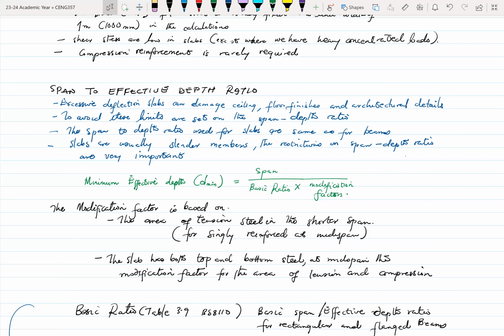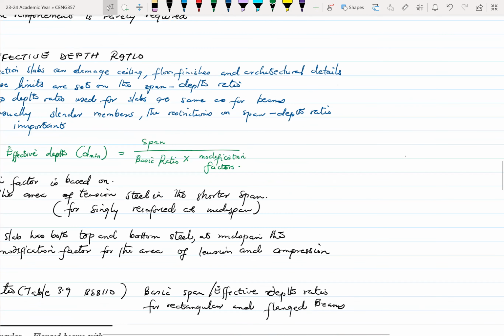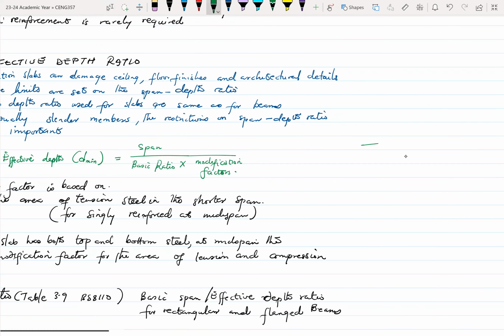All right. So we look at the span to effective depth ratio. When you have any design or any structural member and you apply some loads to it, what happens is that it will deflect. And deflection is important to us.